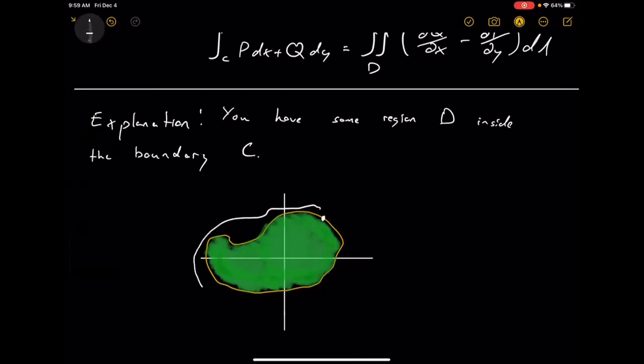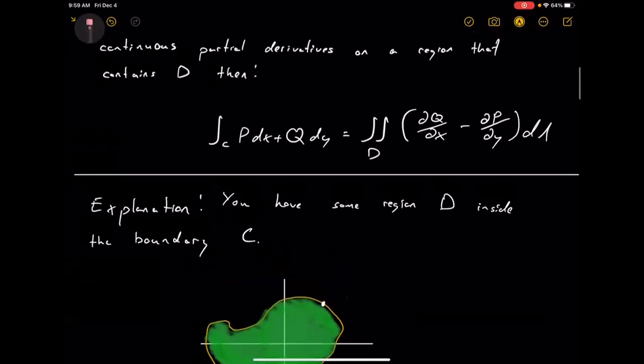Then I loop back to my starting point. And it's a simple curve, meaning I don't have any of these weird figure eights or anything like that. It doesn't have any kinks, and there are no holes in it. I think it should be fairly intuitive what that means.